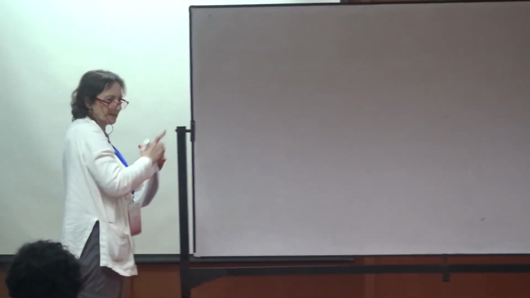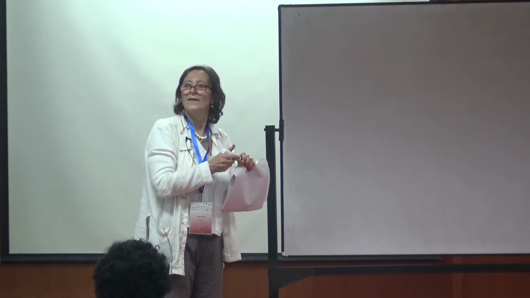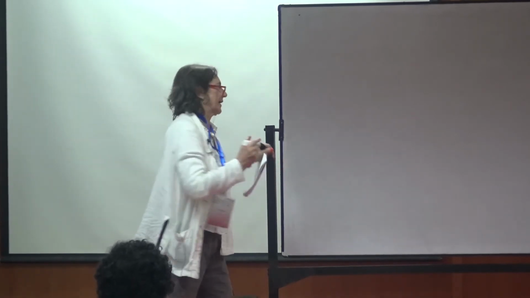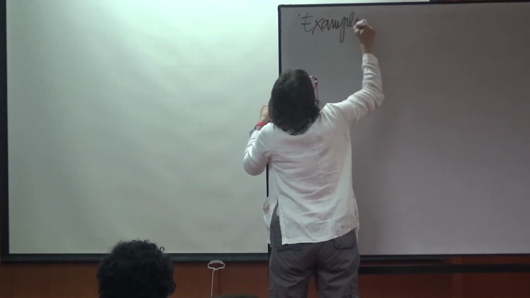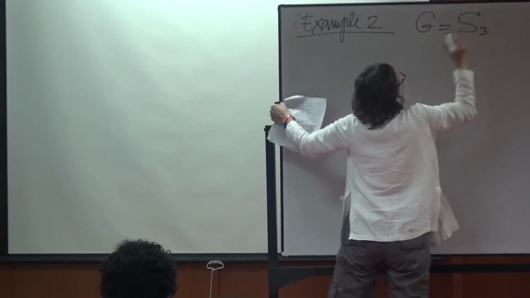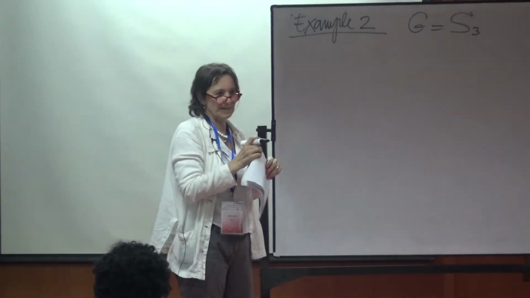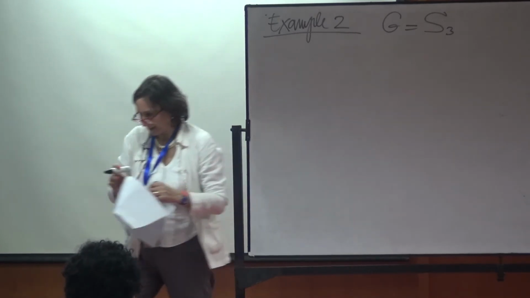So is the example Z3 clear? Okay. So now I take G equal to the symmetric group in 3 elements.